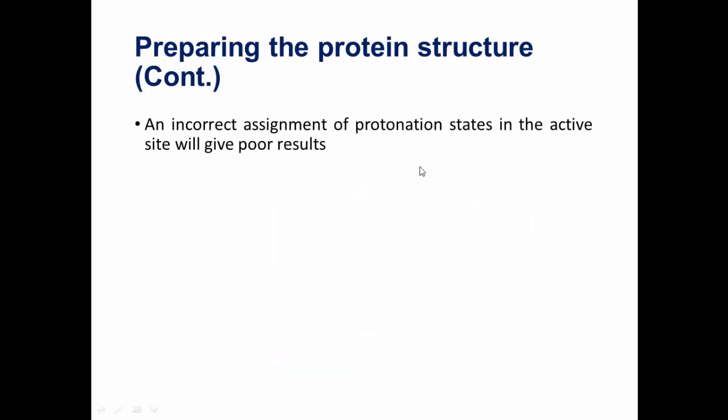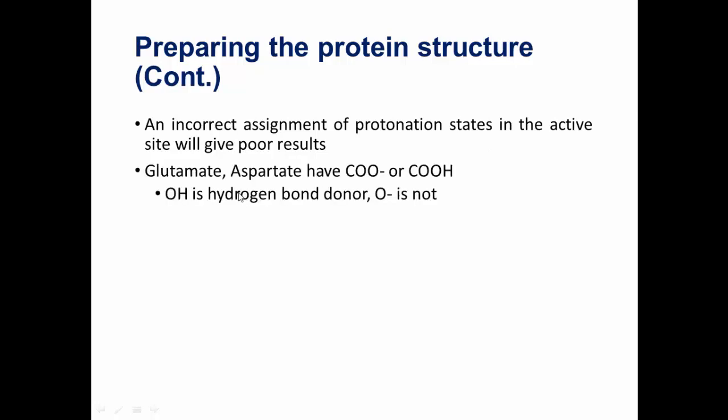An incorrect assignment of protonation state in the active site will give poor results. For example, glutamate and aspartate have a carboxyl group. This one is deprotonated and this one is protonated, and OH is a hydrogen bond donor, O is not. So this will not accept hydrogen bonding, but if it is protonated, it has a higher possibility of forming hydrogen bonds.